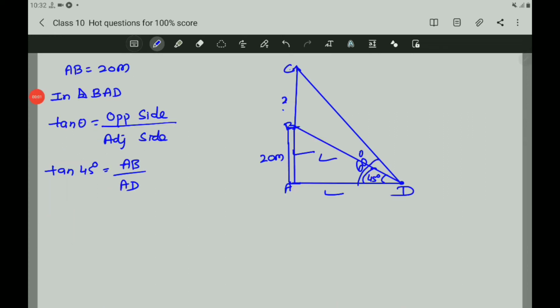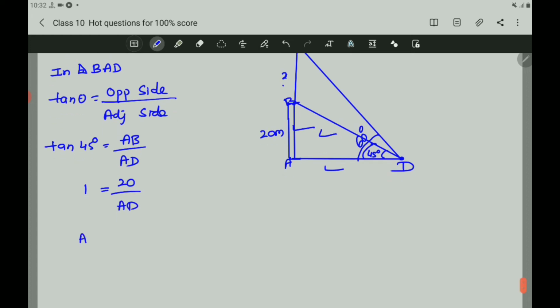What is the value of tan 45? Tan 45 is 1 and AB is 20. So I write 20 and AD. So you got AD equals 20 meter.